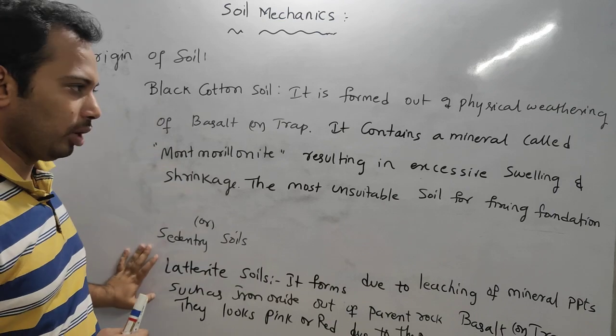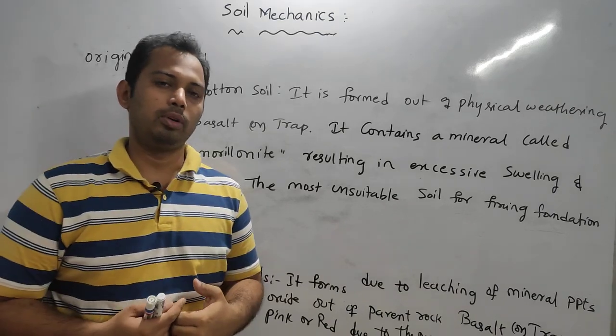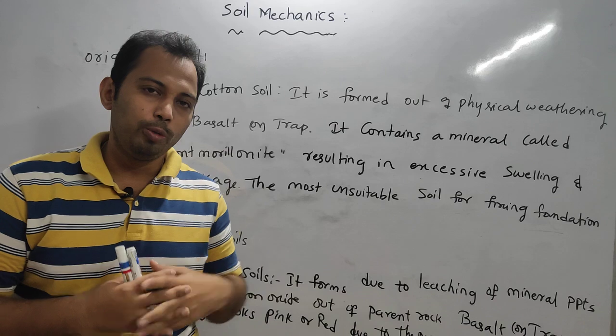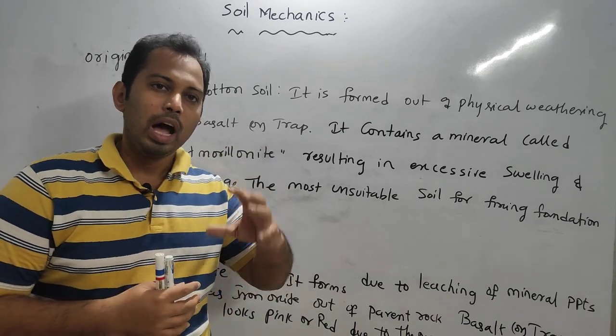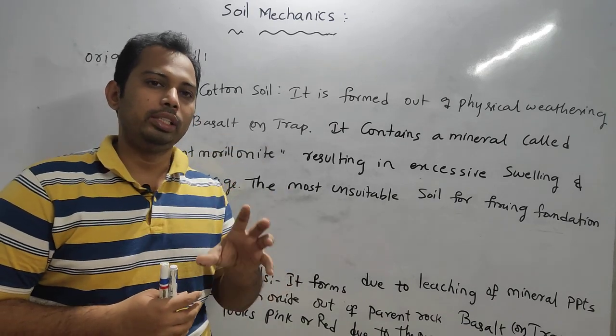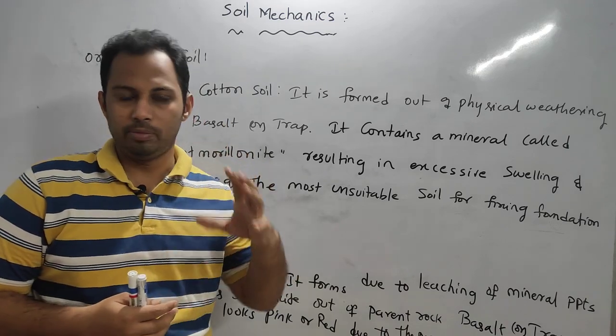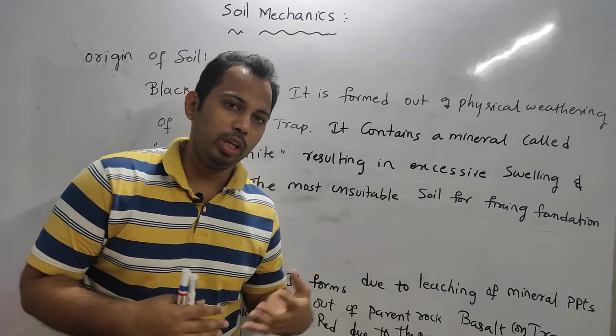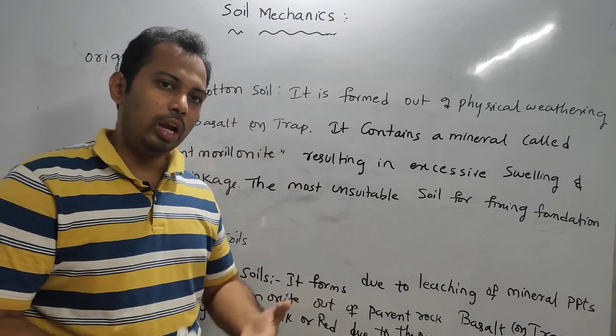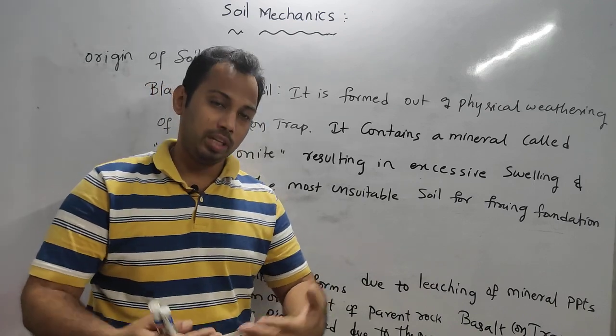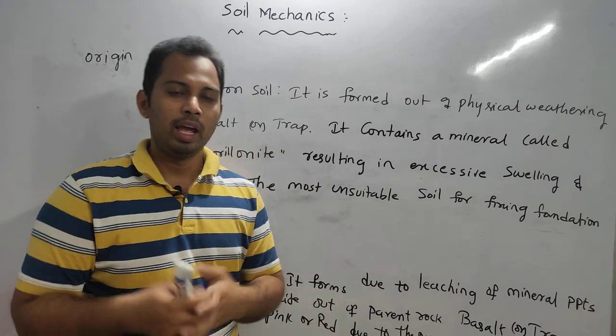These are the residual soils. We don't study much about residual soils because their depth is restricted to about 1 meter or 1.5 meter only. That means very shallow depths. Generally our foundations go up to 4 or 5 meters, sometimes 10 to 15 meters for a high-rise structure.